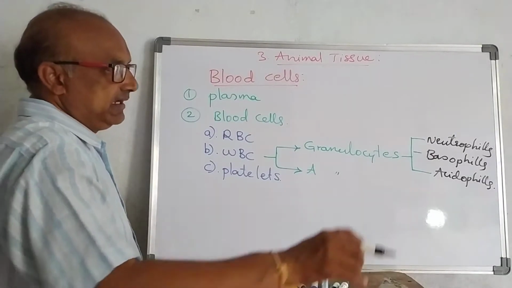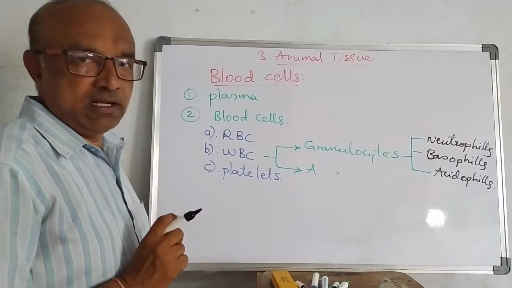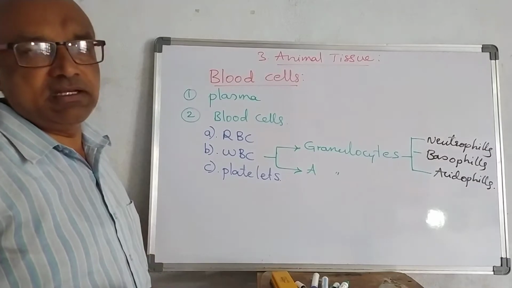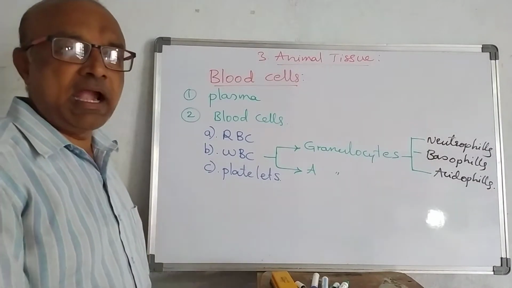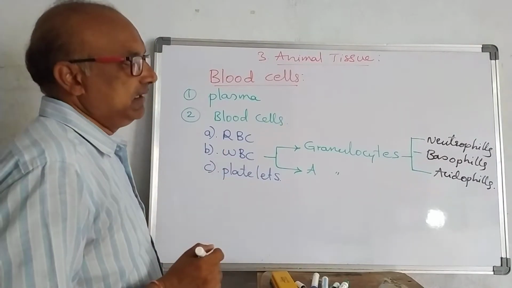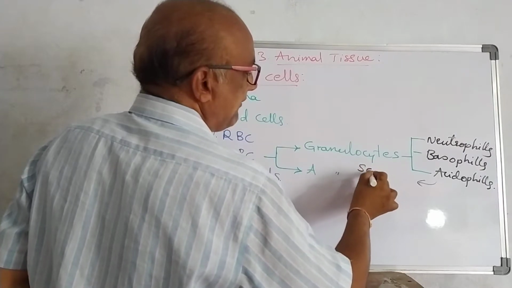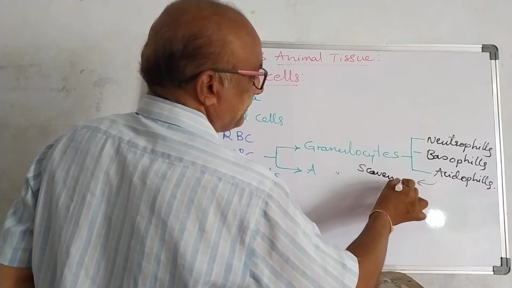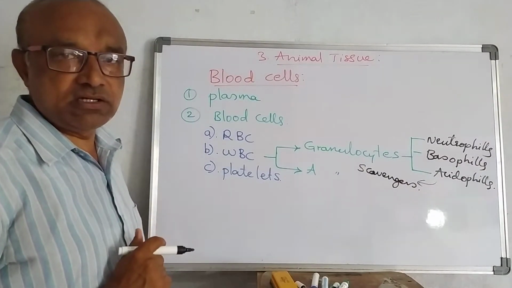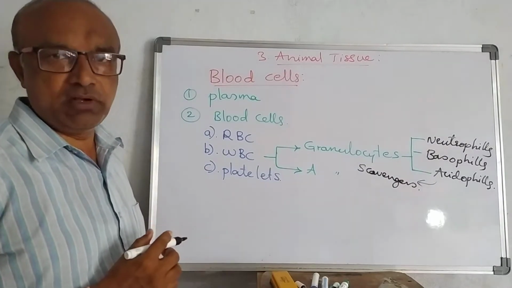So in this way, these three granulocytes are mainly meant for identification of germs or foreign materials and killing them and engulfing them. Engulfing means swallowing them. Like that, the eosinophils act like scavengers. And neutrophils are nothing but the first line of defense in our body. They are also called microscopic policemen.